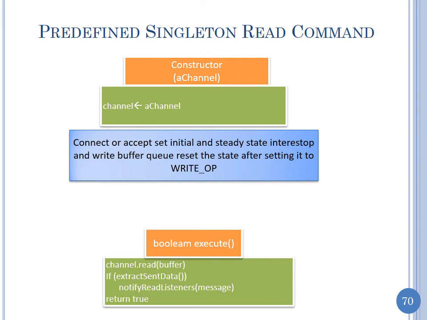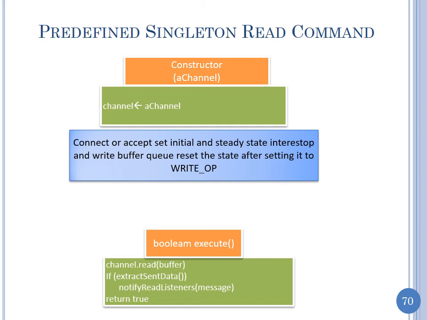So basically, there is a steady state operation, and then there's the write operation that is set during periods of writing. So in general, in our case, it is the server that's reading, but in your case, the client will also read. So the connector accept set the initial and steady state interest op, and write buffer queue reset the state after setting it to write op.